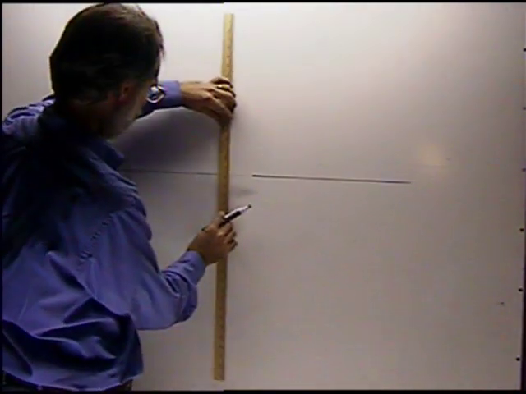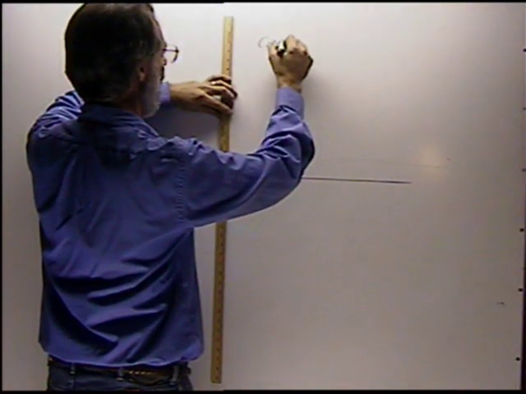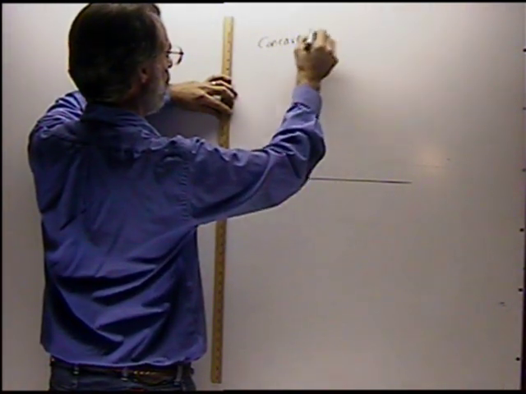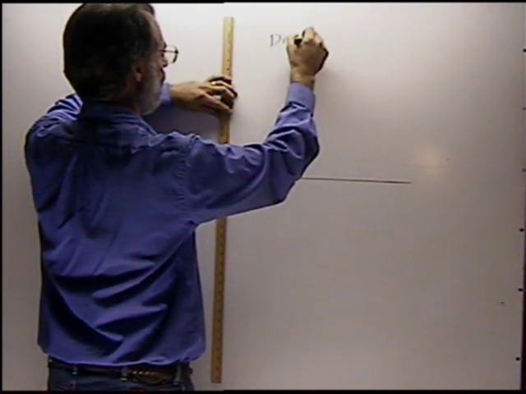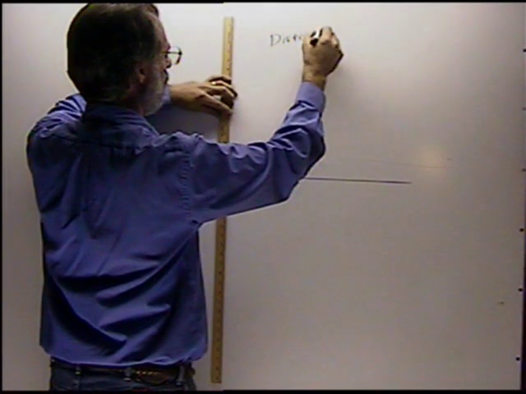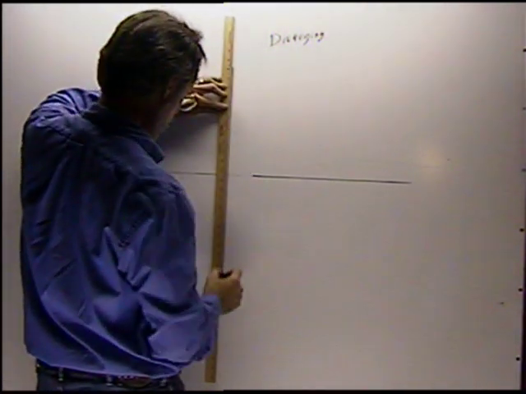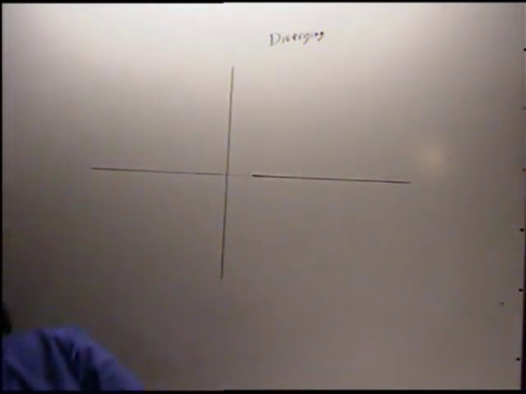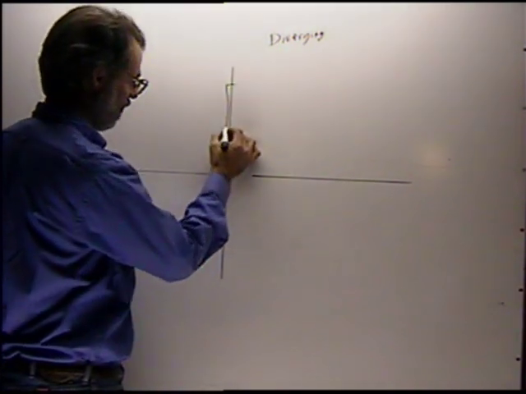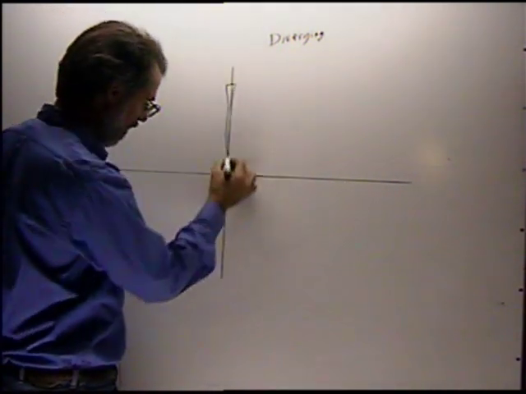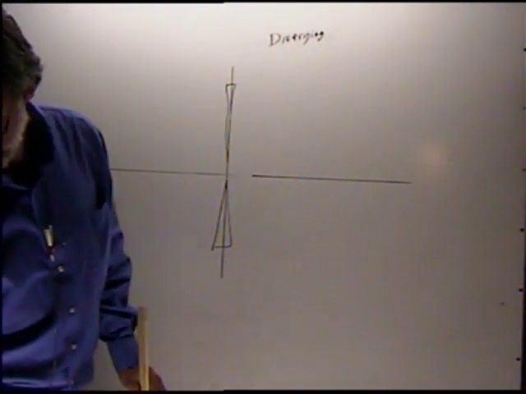What we have here, we're going to draw a concave lens. Well, excuse me. We call this a diverging lens. We draw it as a thin line. Actually it's shaped like this, but we're really going to use the thin lens idea.